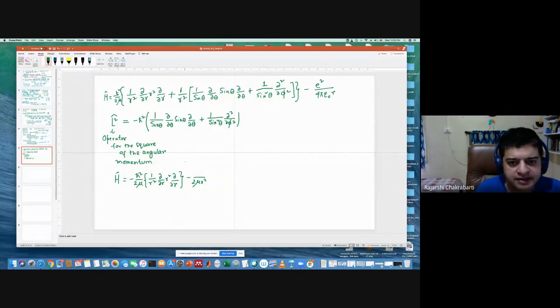I can just write it from the above equation. Plus will come because this minus h cross square and this whole thing will give me L square. This is fine. This is exactly what I'm going to get, and then I'll get what?